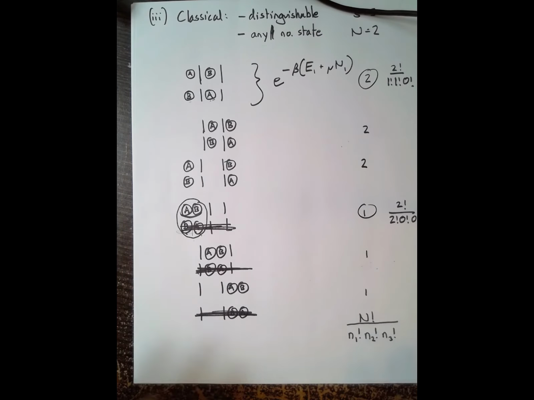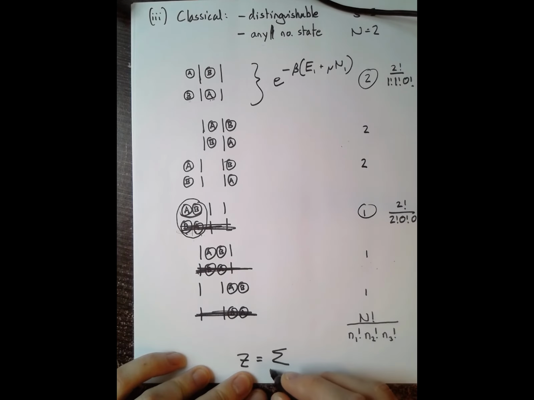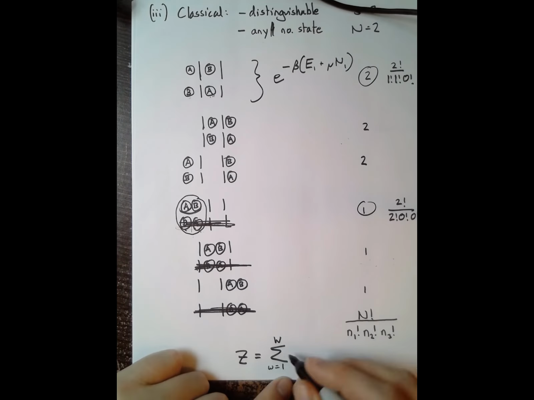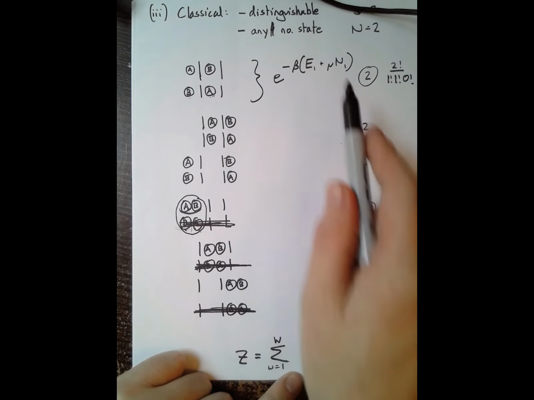So the partition function in this case is the sum over the energy states, where W is now labeling energy states, and I need to take the degeneracy into account.